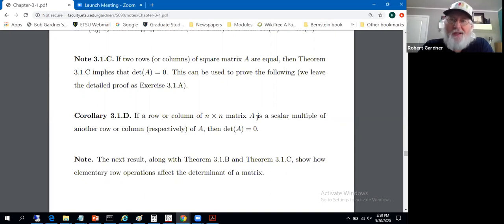Either divide one by k or multiply the other one by k, whichever. If one is a multiple of the other, then multiply one of the rows by k, making them the same, making A have a row the same as this modified version of A. The determinants will be related as given above.